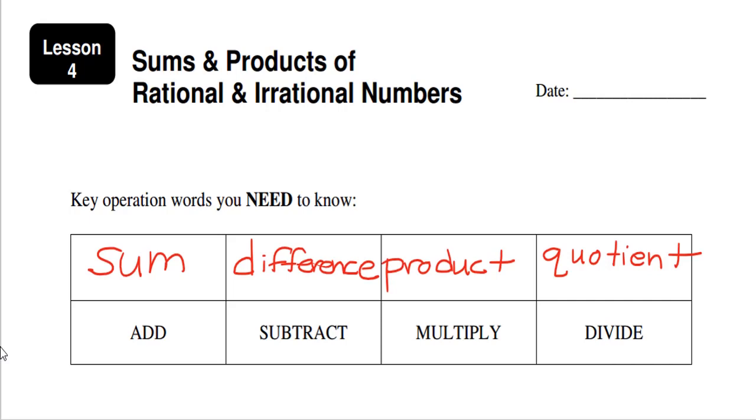And for the purpose of our lesson today, we're going to be focused on sum, which means add, and product, which means multiply. So again, these are words that we use to describe the answers.